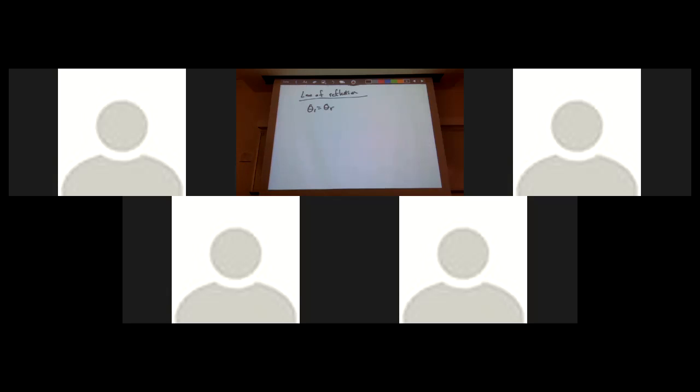So what this says is that the angle of incidence is equal to the angle of reflection. This will always be true regardless of the shape of whatever it is that I'm reflecting off of. For example, here I drew a nice flat straight line, hopefully. From my perspective, it looks like a nice flat straight line.